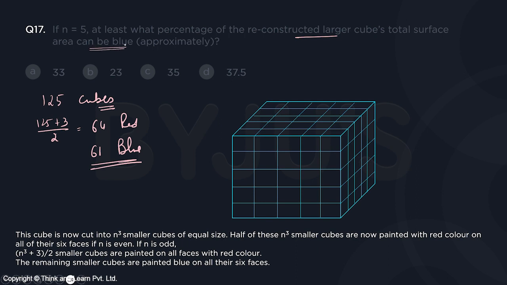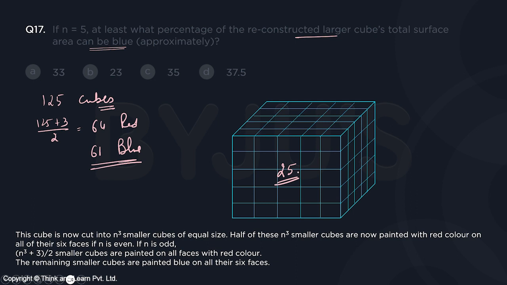I want to minimize the percentage of this reconstructed larger cube's total surface area that can be blue. That means I want a minimum number of them on the outer area. Now, how many surfaces are visible to us on the outer area? If you look at the surfaces over here, I have got a total of 5 into 5, 25 surfaces here. Please keep in mind, surface is different from the cubes, right?